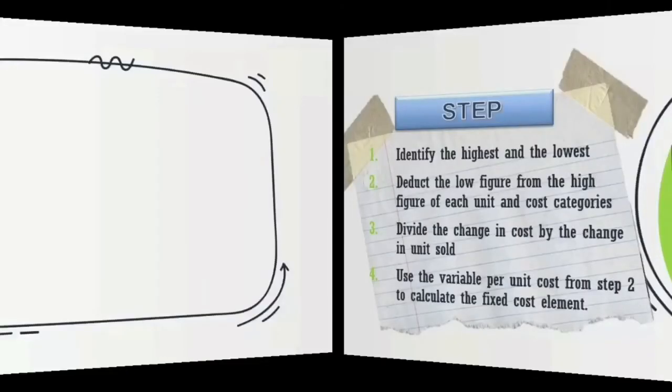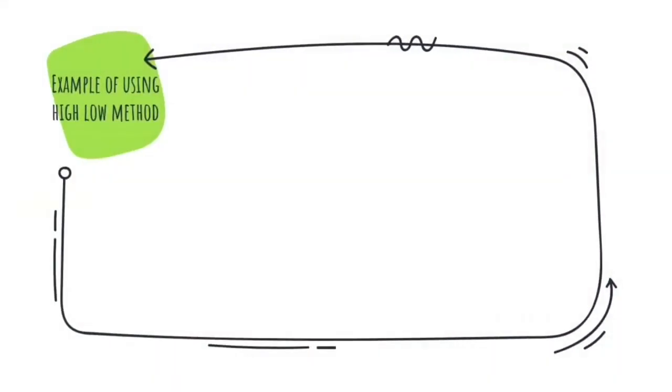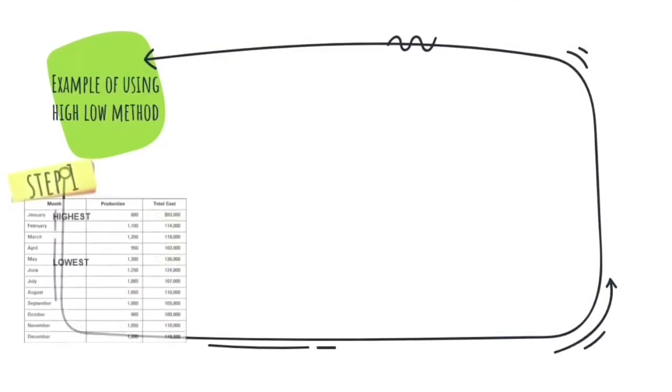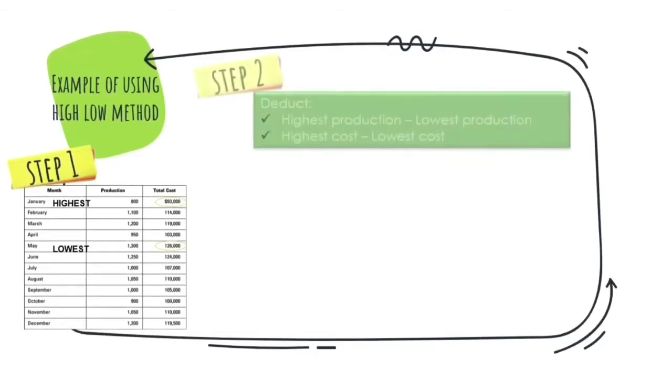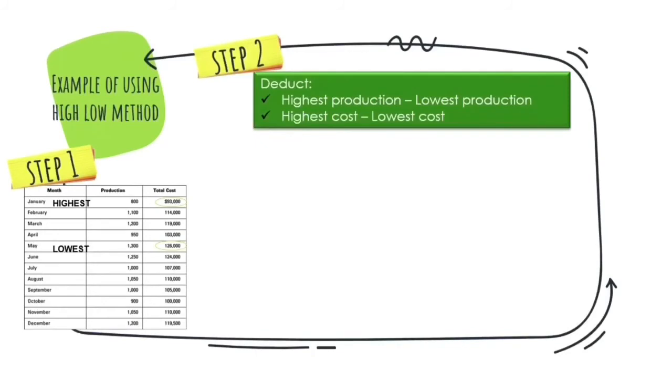Let me show an example of how to solve the problem using the high-low method. Following step 1, you need to identify the highest and the lowest month. Step 2, you have to subtract in 2 categories, which is the highest production or units with the lowest production, and the highest cost with the lowest cost.